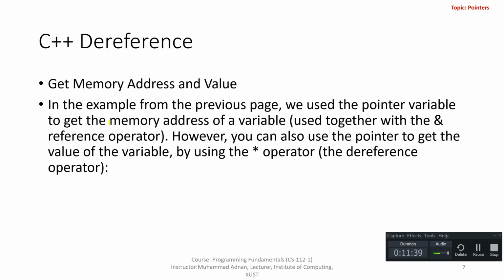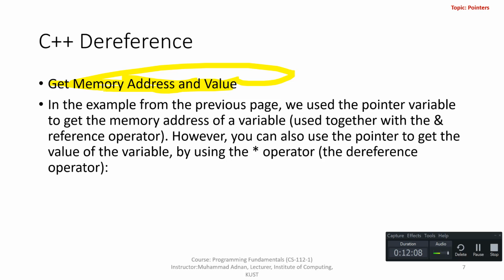So we can also do dereferencing. What does dereferencing mean? Dereferencing means getting the memory address and the value stored at that memory address. There could be many requirements where you need to get the address of a variable.